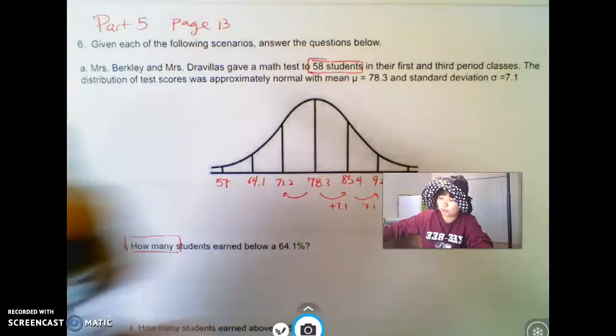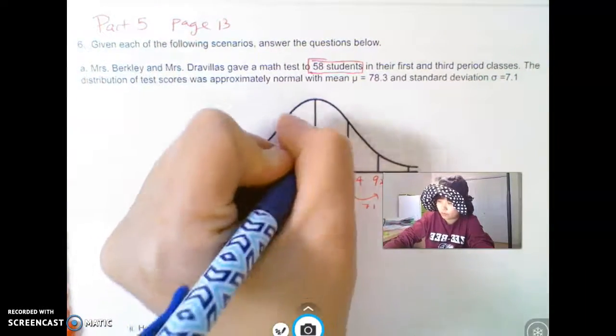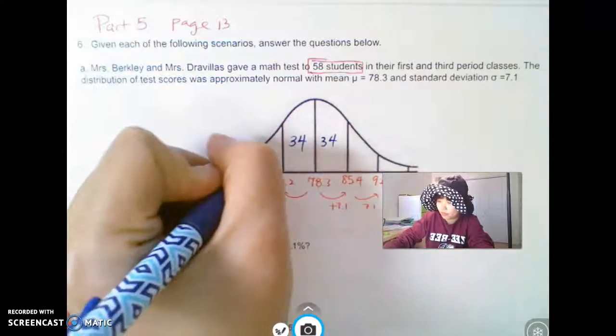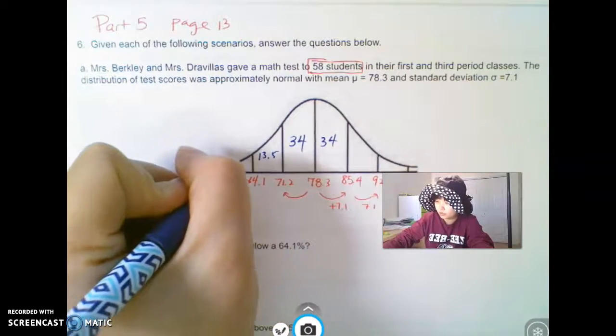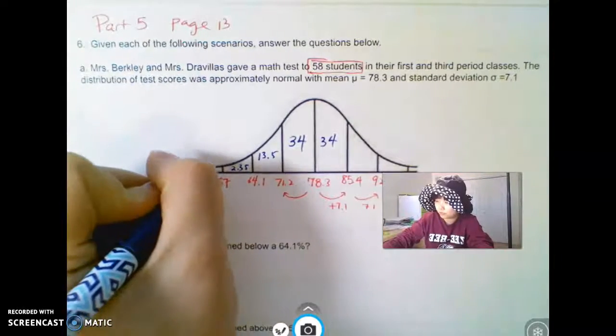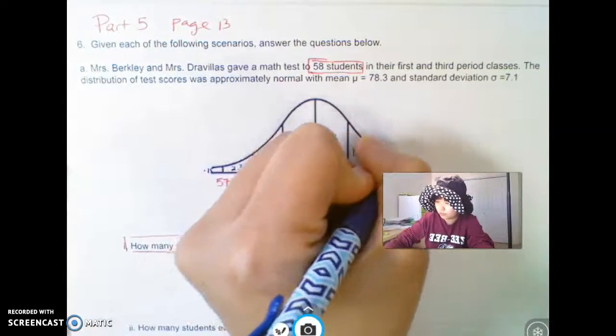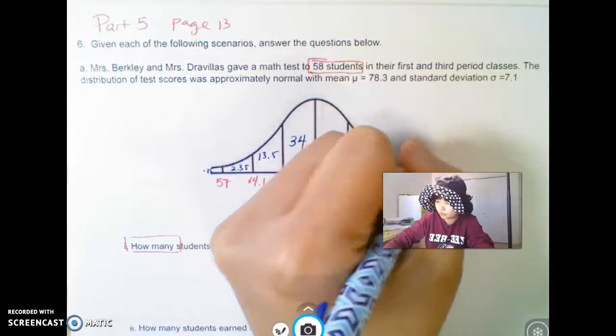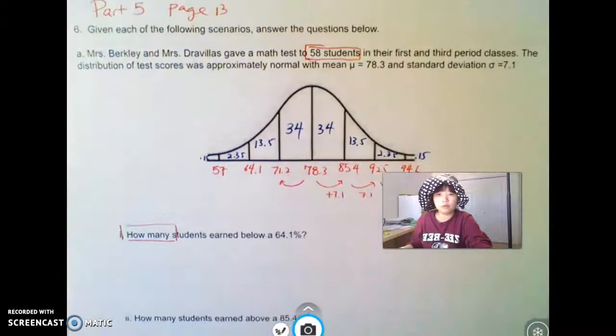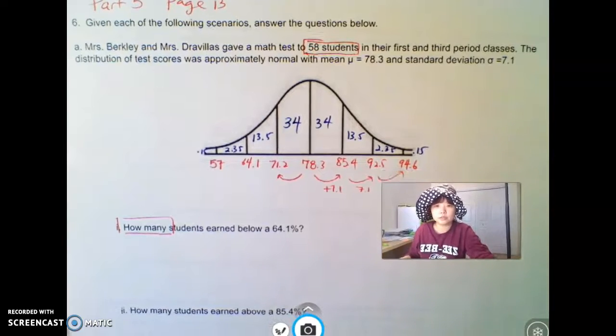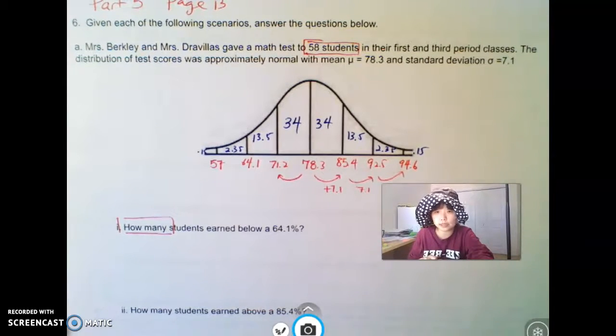And let's also do the percent. So in the middle, we got 34, 34, 13.5, 2.35, 0.15, 13.5, 2.35, 0.15. So we know how to label the curve, right? Yes, and we know how to find the percents.